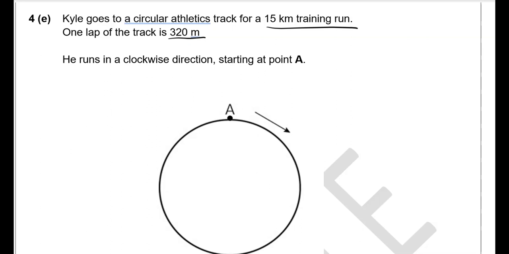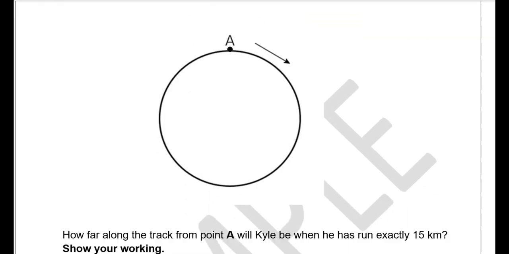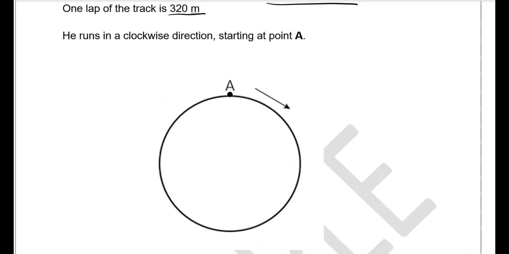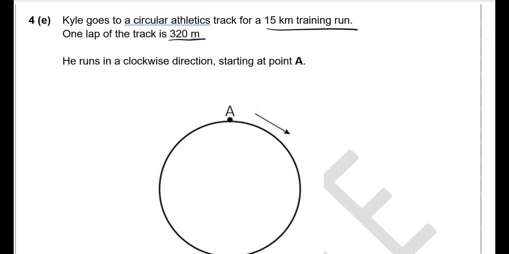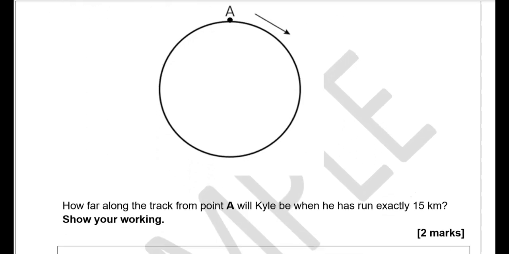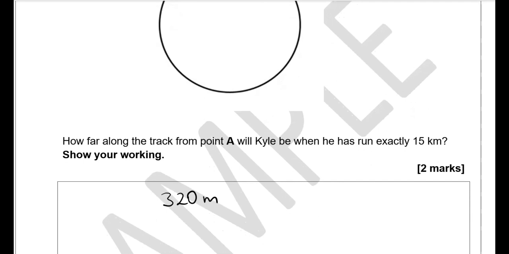So the circumference of the circle, or 1 lap, is equal to 320 meters. And he's looking at doing 15 kilometers. So how many laps will be done first, and then in the last lap we'll find out how far away that is from point A, or how far along from point A.